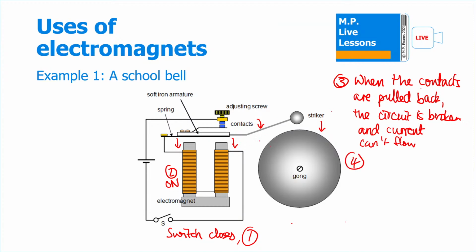That means the electromagnet then goes off, and then the contacts go back into place as well as the striker and so on.